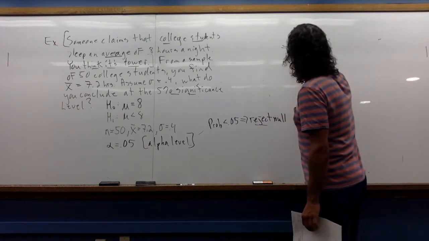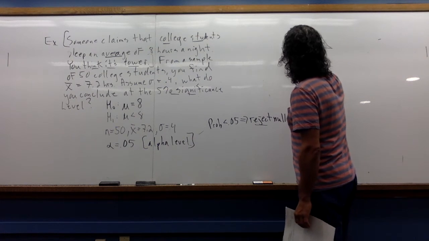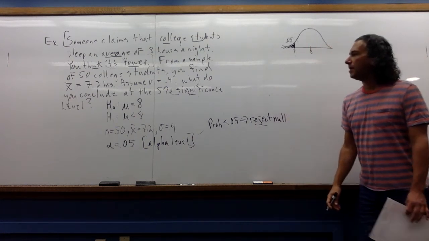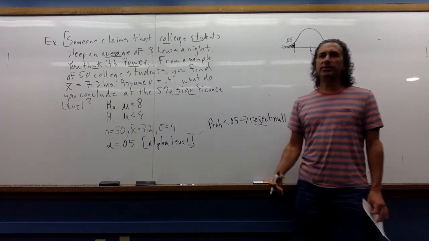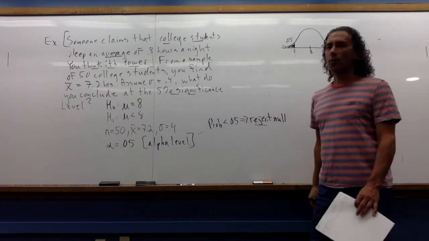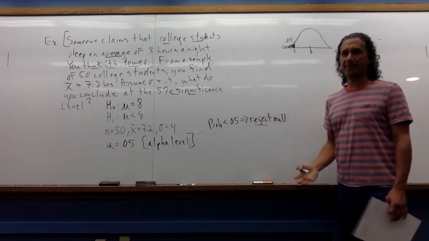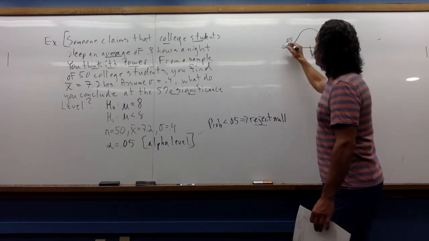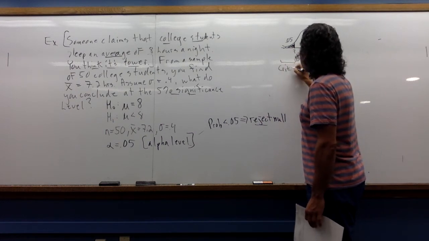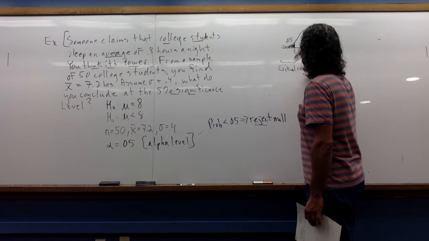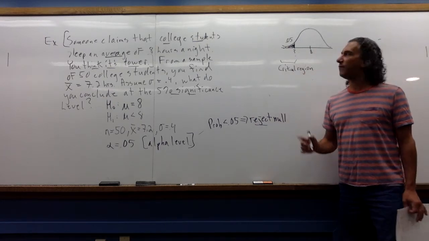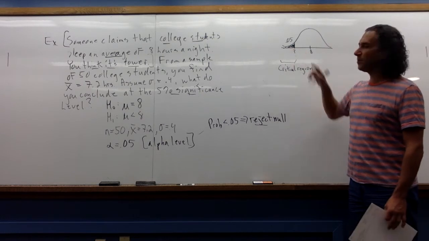There's some point here where anything to the left of it, we're going to reject the null hypothesis. This region where we reject is called the critical region, the rejection region. If we get any value less than this, we're going to reject it.